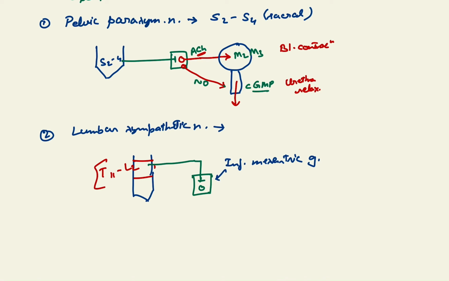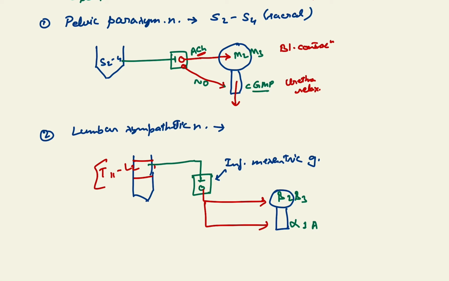Now these nerves relay to the bladder and to the urethra. For example, this is the bladder, this is the urethra. Here there are certain receptors known as beta 2 and beta 3 receptors, and in the urethra part there is the alpha 1A receptor.